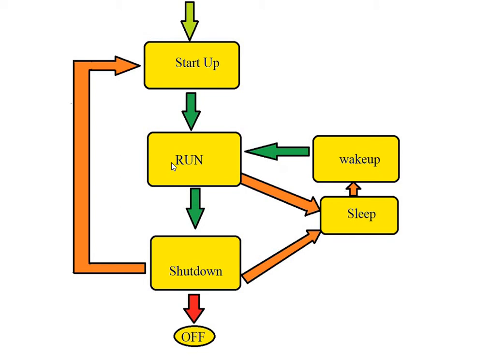From run phase, the ECU can move to the shutdown state. In this shutdown state, it will deinitialize all the BSW modules like Schedule Manager, and do pre-OS and post-OS deinitialization. If a reset shutdown sequence is requested, it moves from shutdown state again to the startup state.